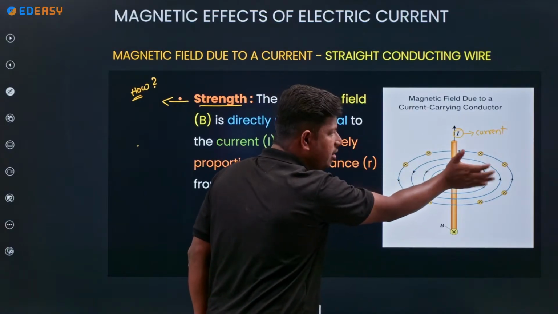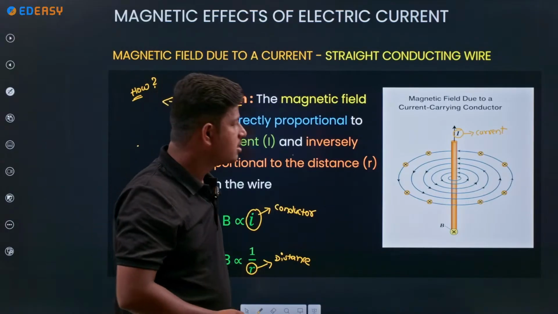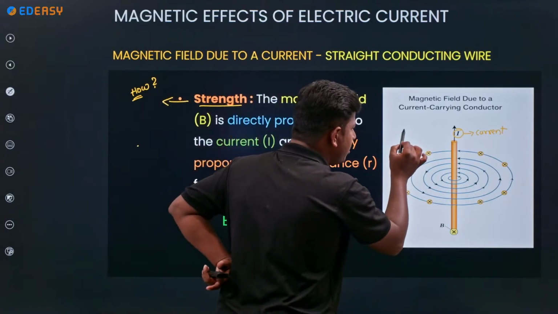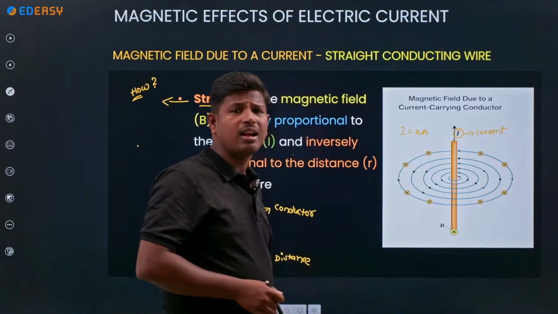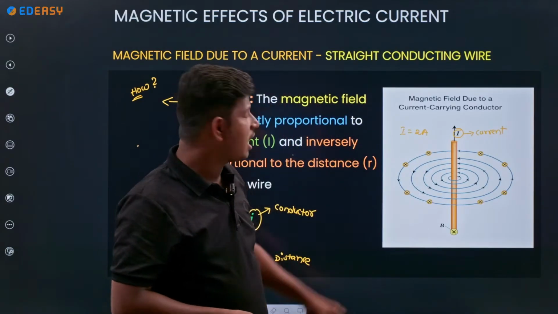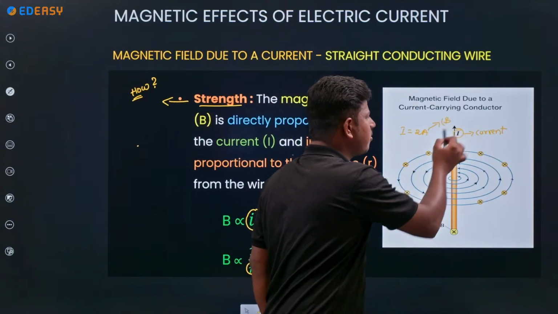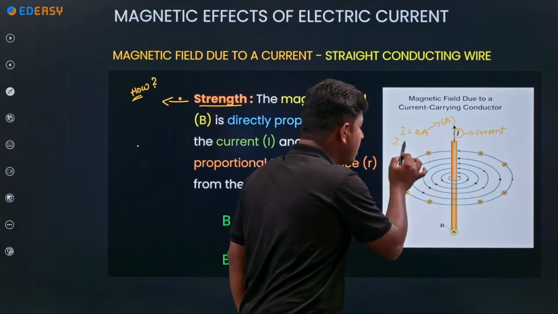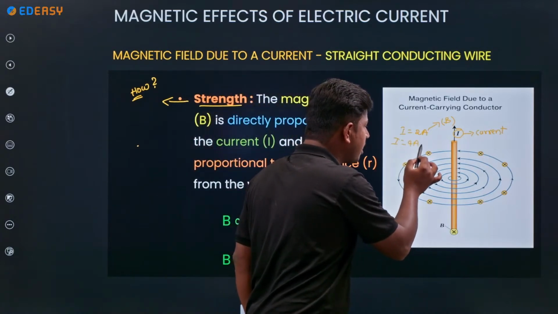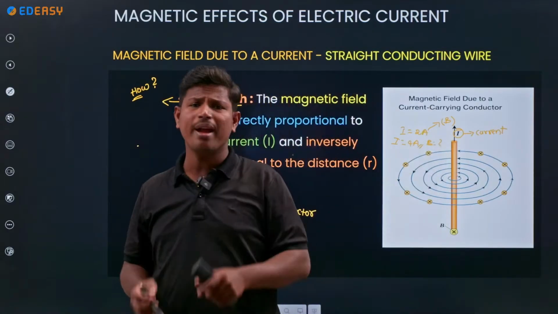The magnetic field lines are like that only, right? Suppose I am taking a current of 2 amperes, I will get a magnetic field B. If I take a current of 4 amperes, will I get the same magnetic field or another one?